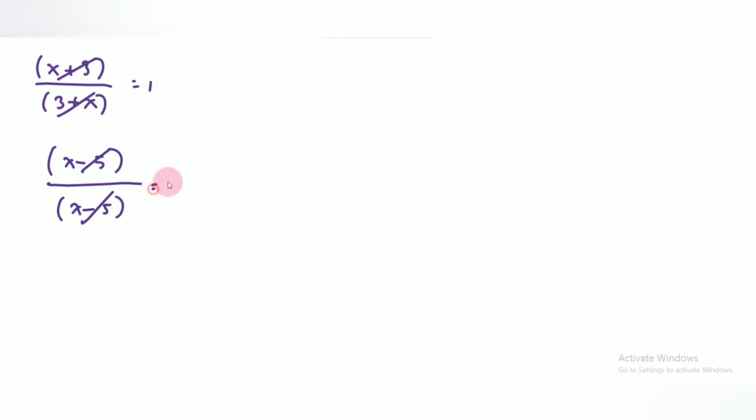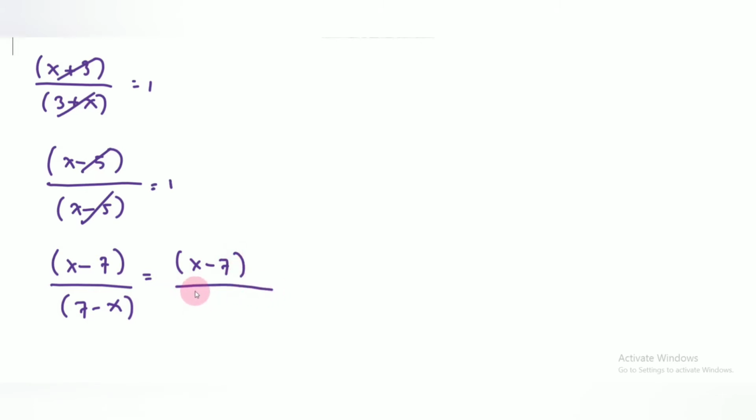It will be 1. If I have x minus 7 over 7 minus x, I have to convert the order of at least one of them. I choose the denominator, so if I factor out -1 from the denominator, it will be x minus 7. So I can cancel it, and it becomes -1.